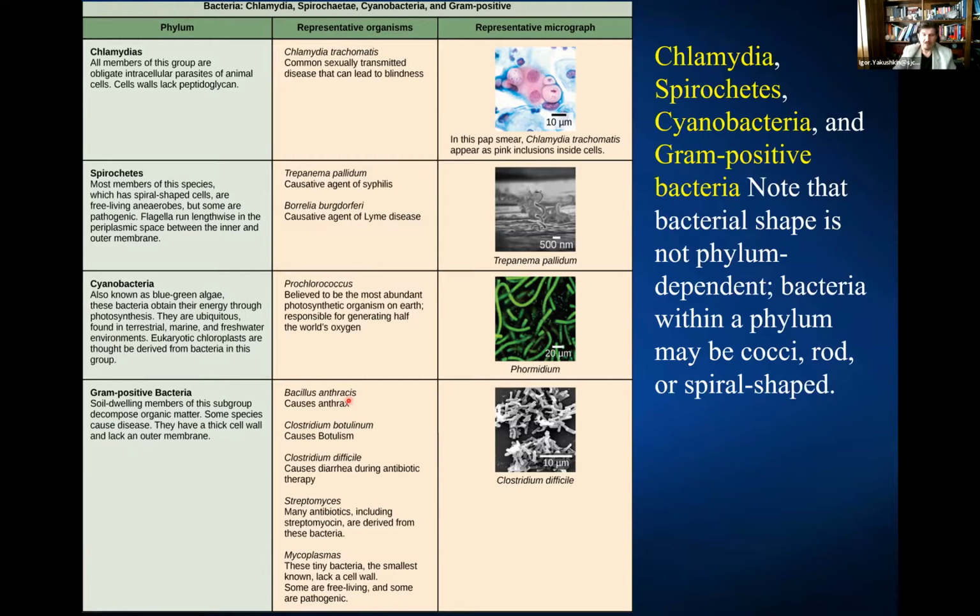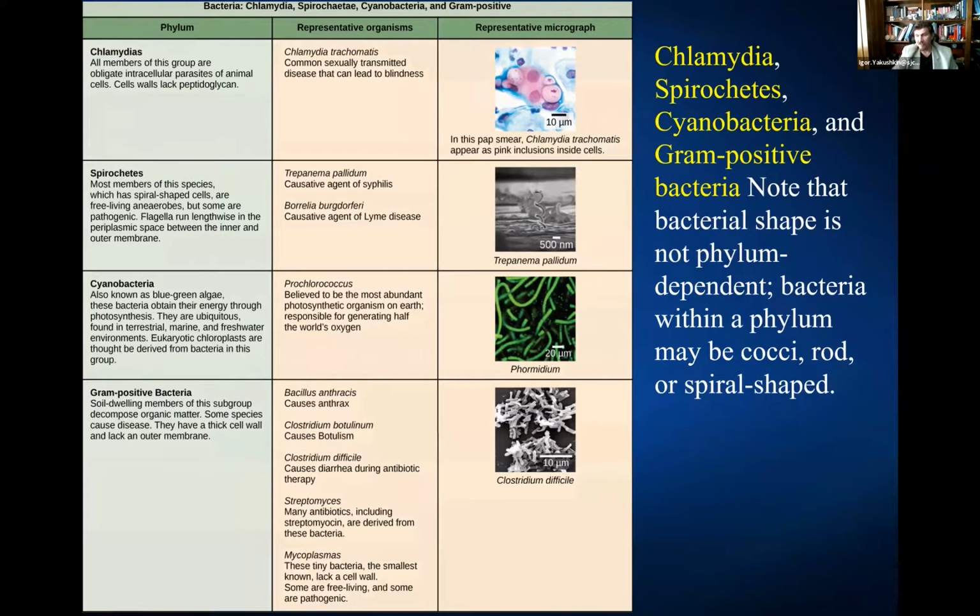So there are quite a few of those interesting bacteria. Unfortunately, I don't have much time to talk about that, but please remember, shape is not the phylum. It helps with the identification of the bacteria, but you can find the round ones, cocci, pretty much everywhere. Same thing with the rod ones or spirochete ones and so on.